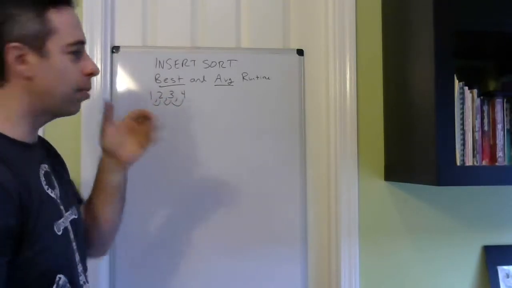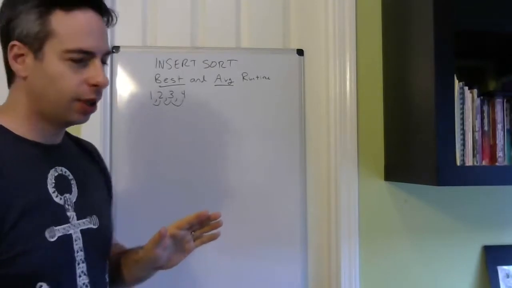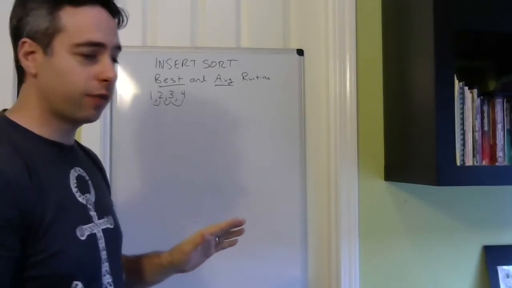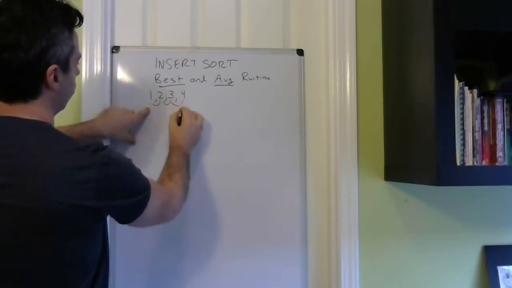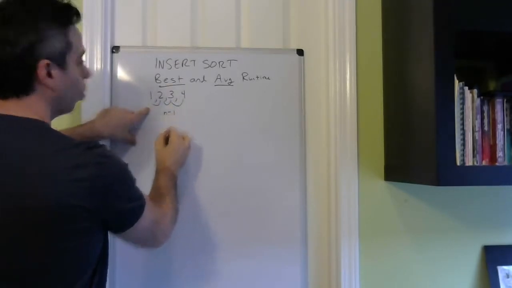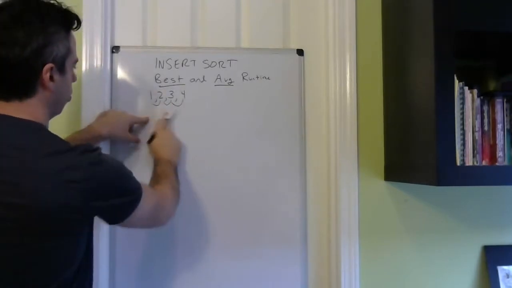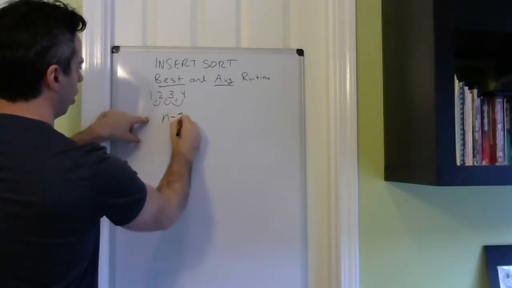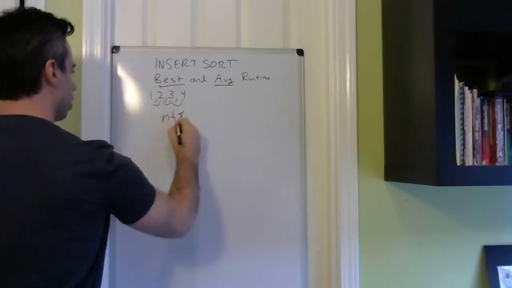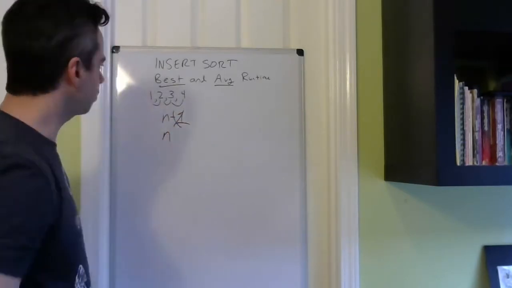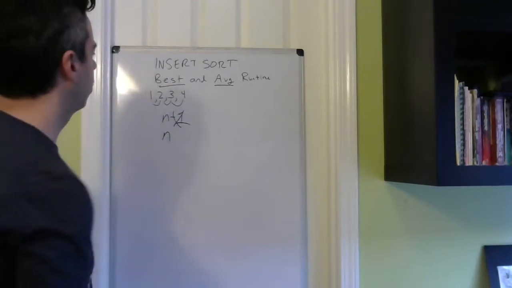Yes, it's a small data set for the example, but it tells you that's n minus 1 comparisons. Drop the constant, so now that's just n. So best case is n.